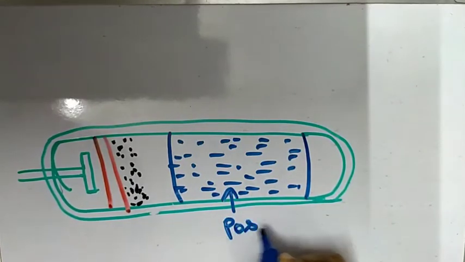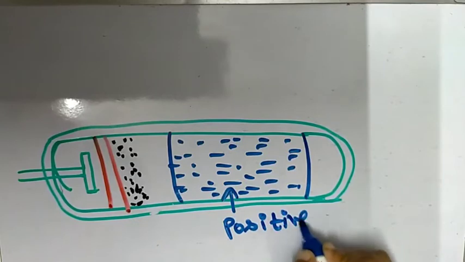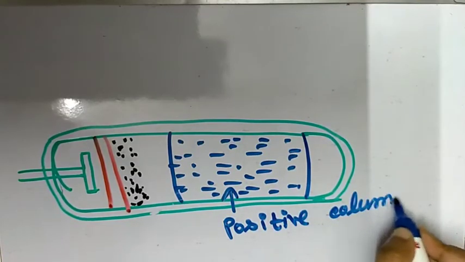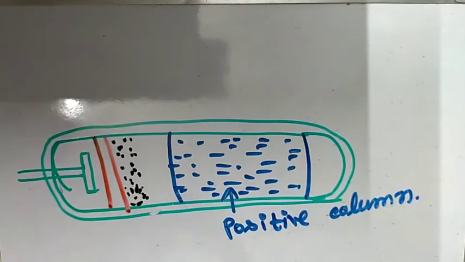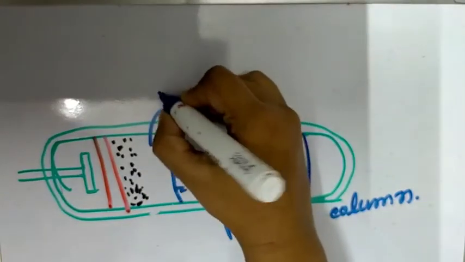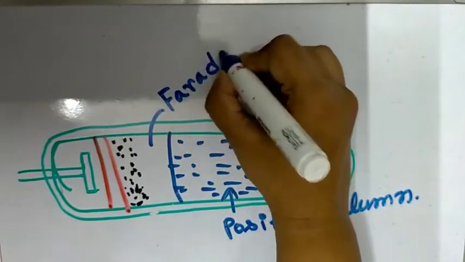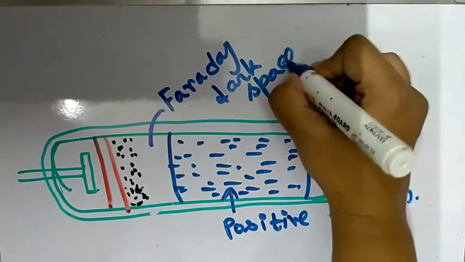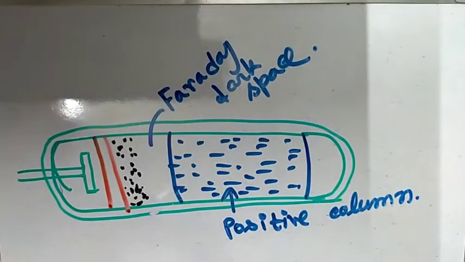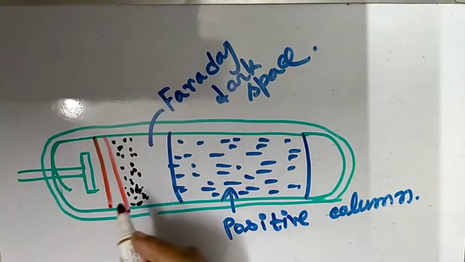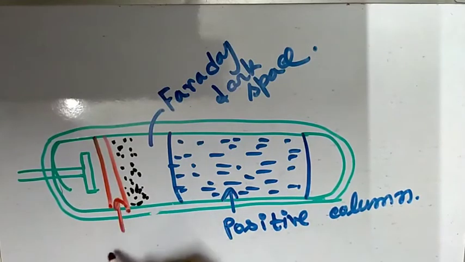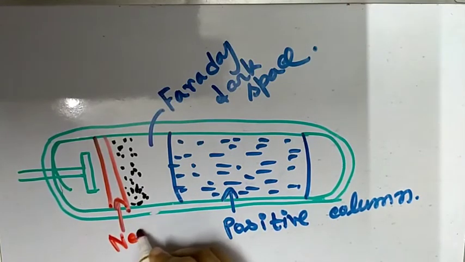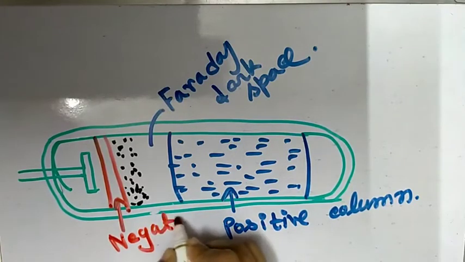This is positive column. This is Faraday dark space. This is negative glow.